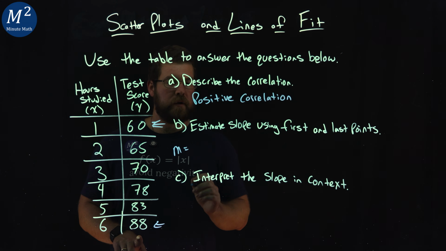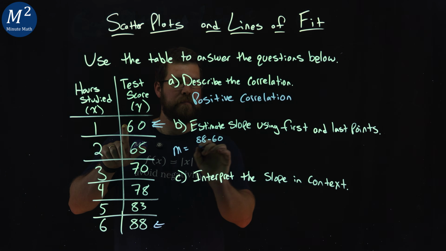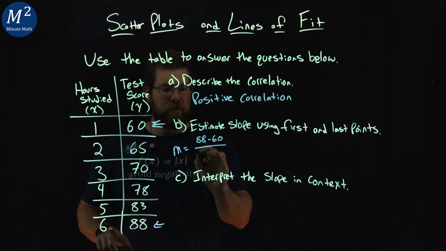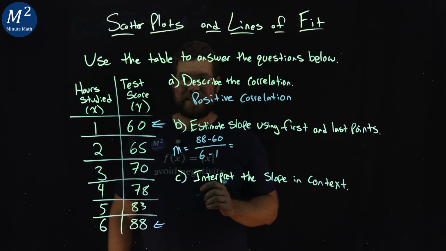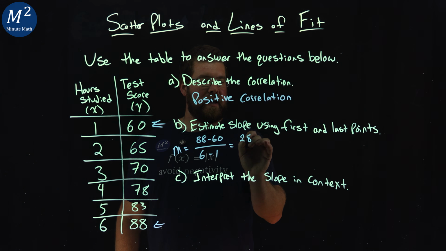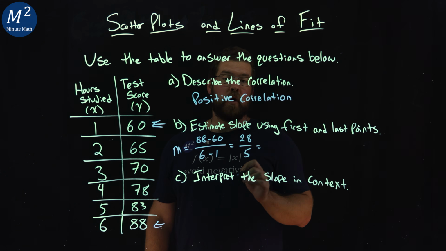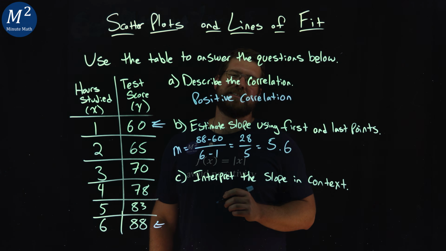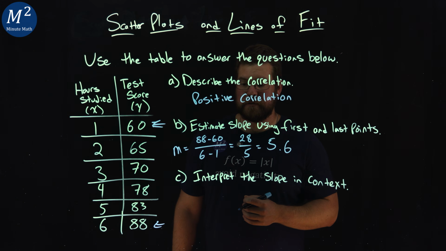So the last point, y2, we do 88 minus 60 over x2, 6 minus 1. 88 minus 60 is 28, and 6 minus 1 is 5, and that equals 28 over 5, which is 5.6 as a decimal. All right, so either 28 over 5 or 5.6.